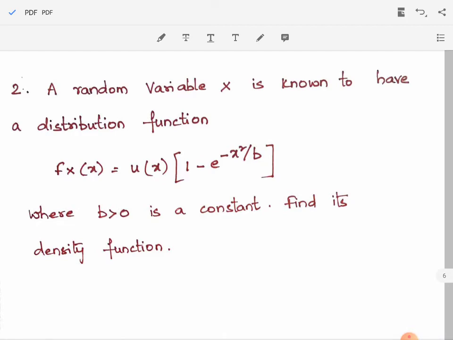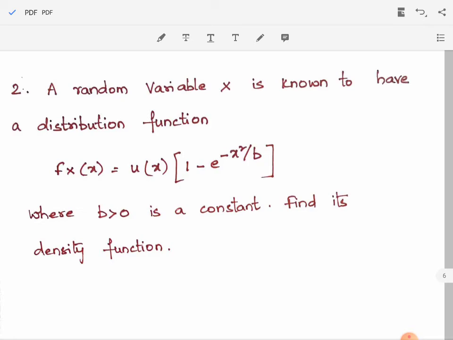Second example: a random variable X is known to have a cumulative distribution function FX(x) equal to u(x), the unit step function, times (1 minus e to the power of minus x squared by b), where b is greater than 0 and is a constant. Find its density function.